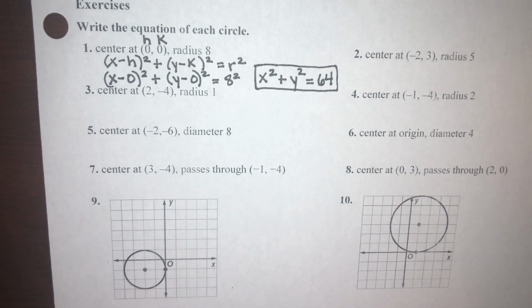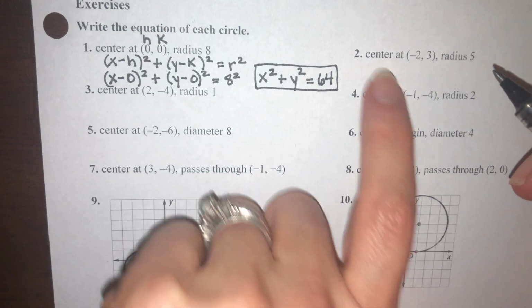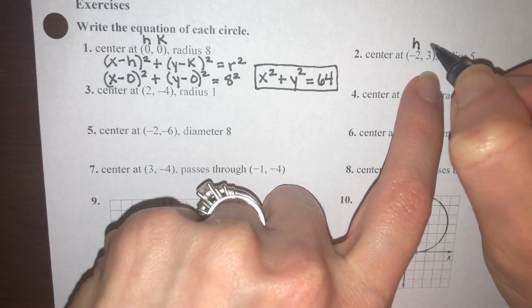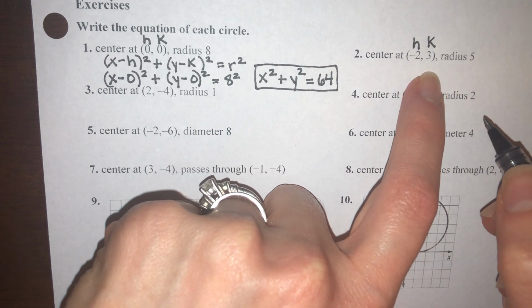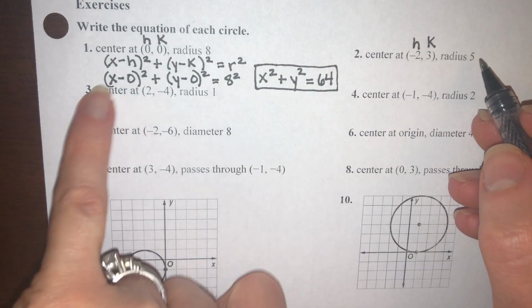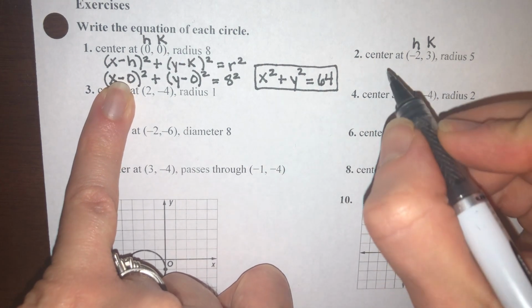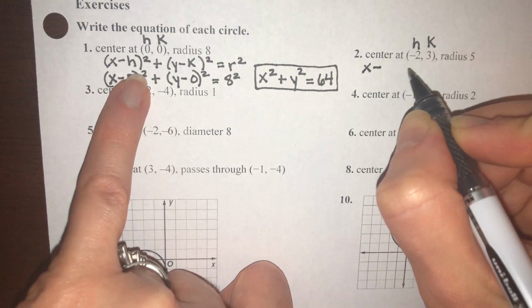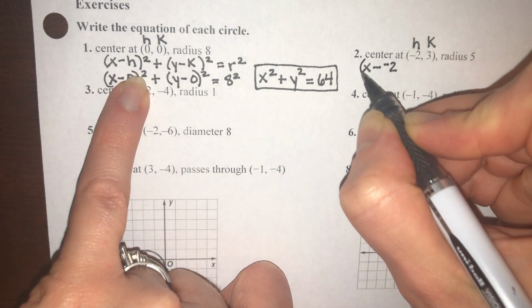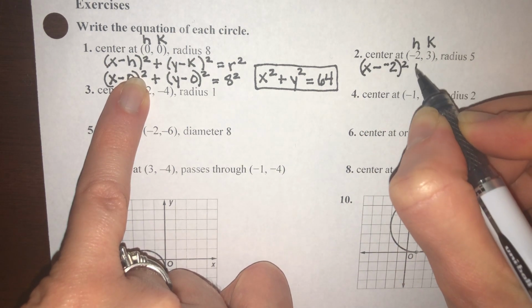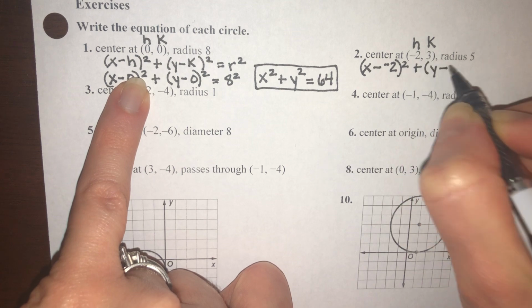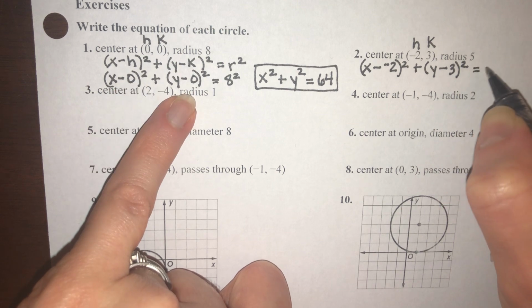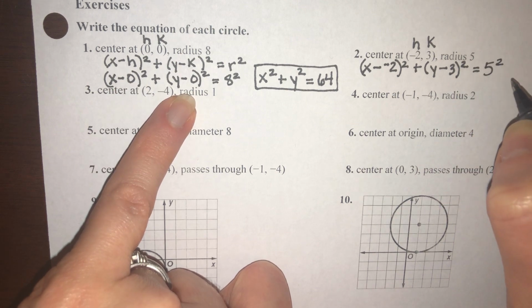All right, let's go on and try number 2. This one tells us the center is at -2, 3. So this is my h and this is my k, and the radius is 5. I can still see the formula right here, so I'm going to start by filling in what I know: x minus -2 in parentheses squared plus y minus 3 in parentheses squared equals 5 squared.